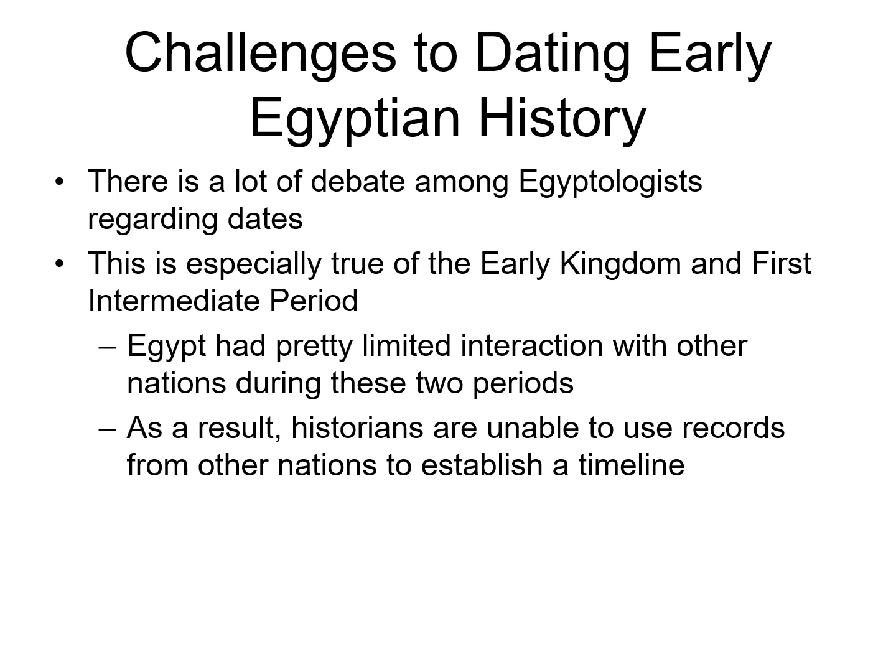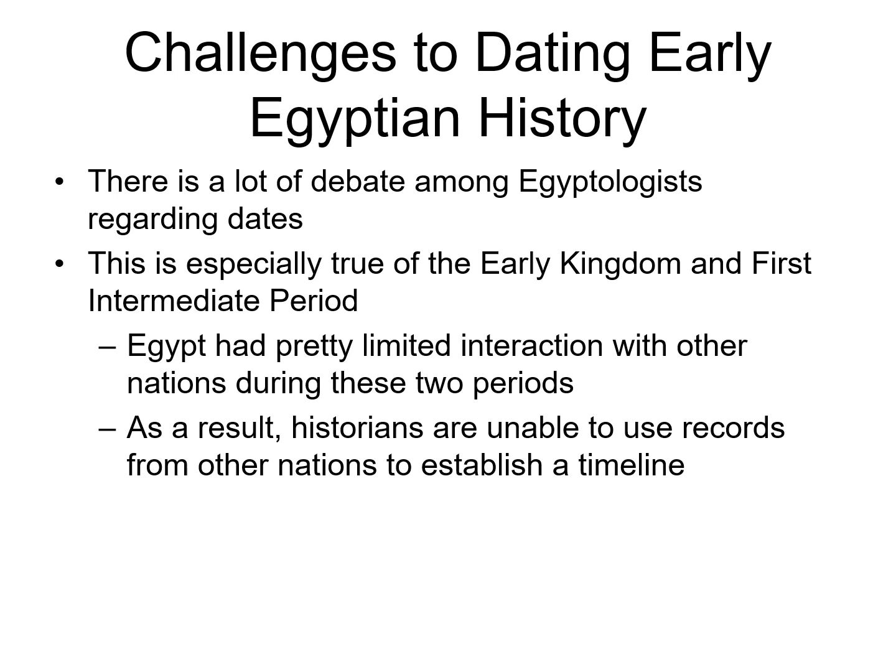And Egypt in the early kingdom and the first intermediate period was a pretty insular nation. They had very limited interactions with the other nations at this time. As a result, historians are unable to have a set and fully reliable timeline for Egypt during this period.